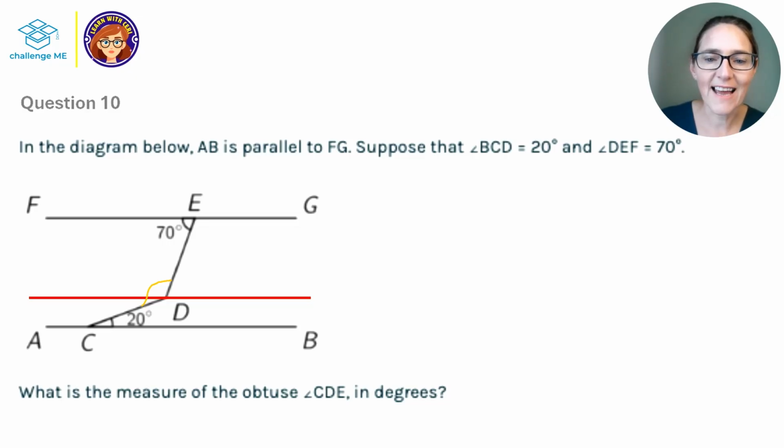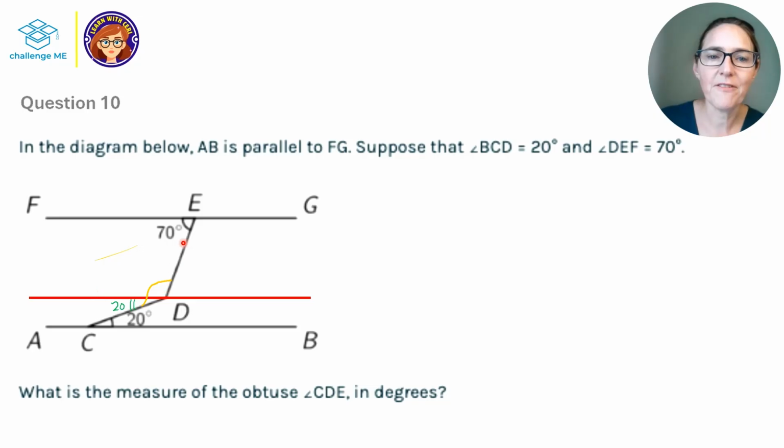So we can say that this angle over here is 20 degrees because it's an alternate angle in the parallel line. So we've got that little green bit there, we can write 20 degrees there. And similarly on the other side, here we've got co-interior angles.